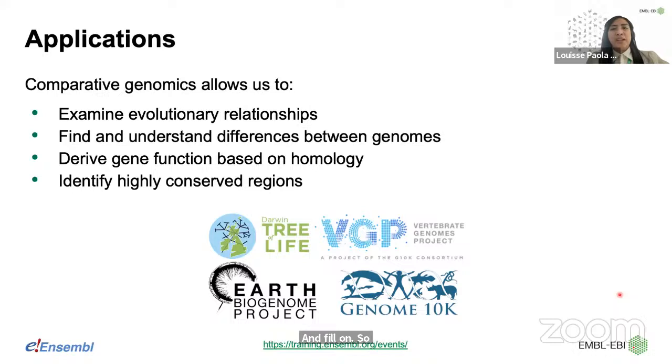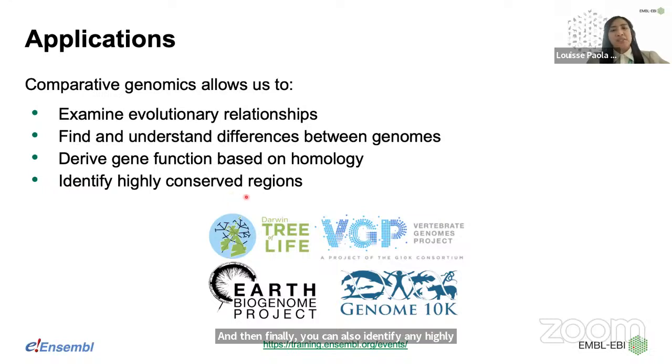A more practical application of comparative genomics is to find a gene's function based on homology. And this is especially useful for a less well-studied genome where only very little or low quality annotation data is available. And then finally, you can also identify any highly conserved regions within genomes.